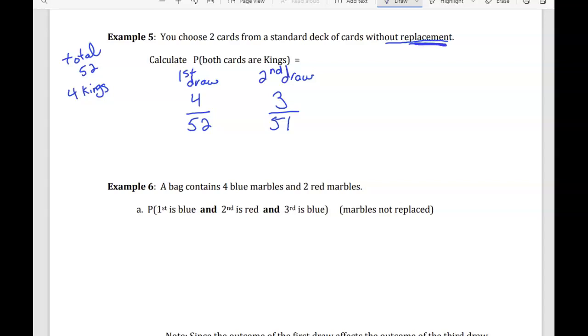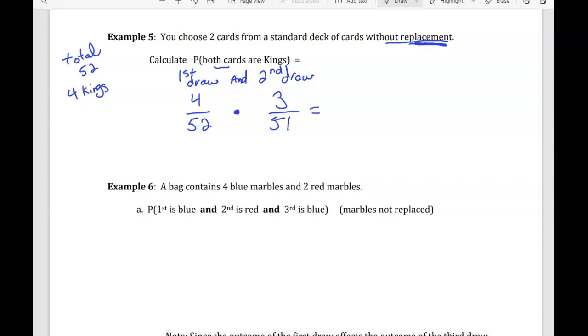We're keeping it out. Since we want both cards, we're wanting this and we're wanting this other thing, that is a multiplication because we're wanting 2 separate events. These are not 2 characteristics of the same thing. These are 2 separate events. And so then we multiply.